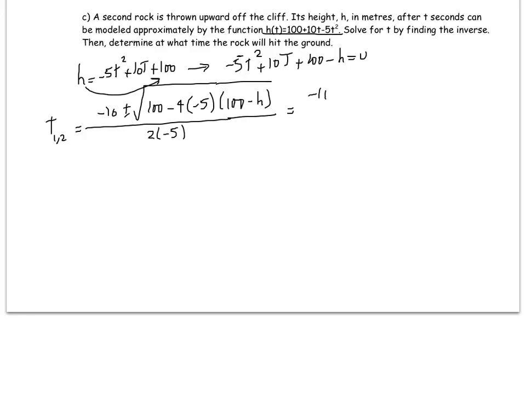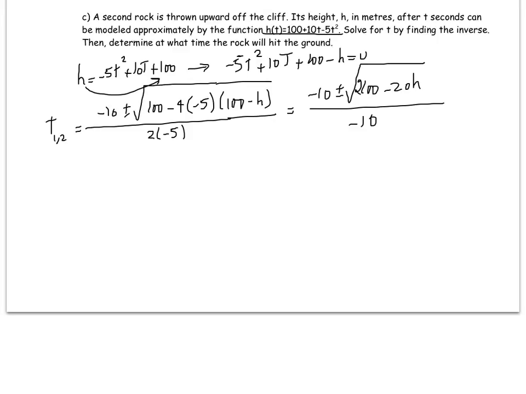This gives me negative 10 plus or minus the square root of, if you simplify under the square root, 2100 minus 20h, over negative 10. This is the inverse function.